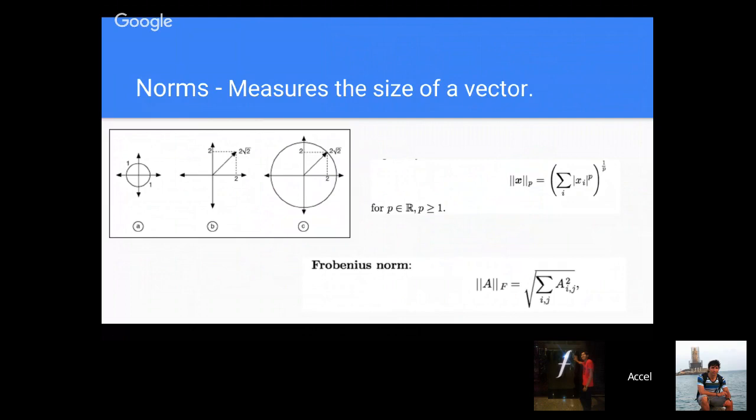And then the Frobenius norm comes from the inner product on the space of all matrices. So you want to take the inner product of all the matrices located within that Cartesian coordinate.